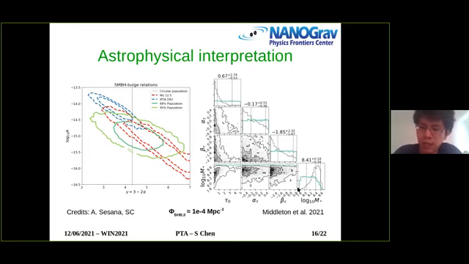So you can see that if the detection by NANOGrav and IPTA is really from gravitational waves and is from massive black holes, then that would mean that we need very heavy black holes. And this translates altogether into an overall merger rate of 10 to the minus 4 per megaparsec cubed per gigayear.